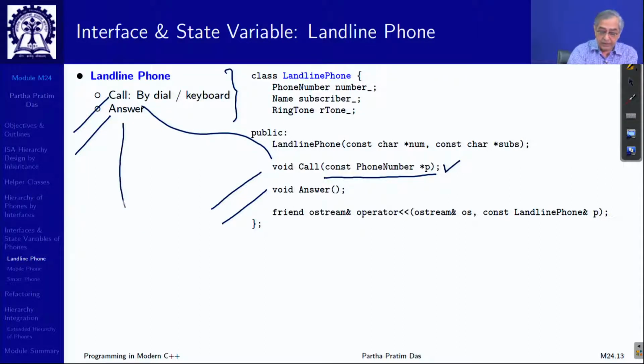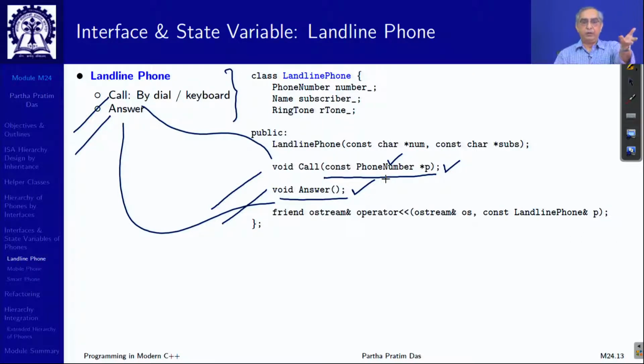Similarly, to answer, I will provide another member function which has to answer. Assume that these are just action items, so there is no return value from these. Now, since I have to make the call, I am expecting to call by the number. Naturally, as an entity myself, I need to have a number of myself, only then I can make a call.